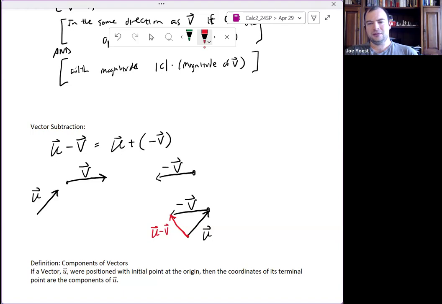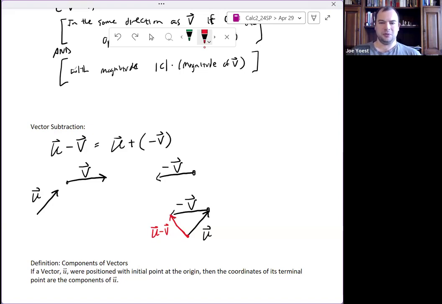It looks a little strange, right? U minus v, like u is like this, v is like this, but u minus v still goes up, but it goes to the left instead of to the right in this case. But if we think of u minus v as u plus a negative v, and we flip the direction of v and put its initial point at the terminal point of u, it does make a little more sense, right?